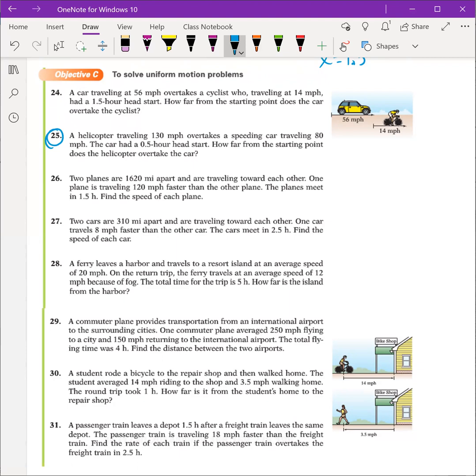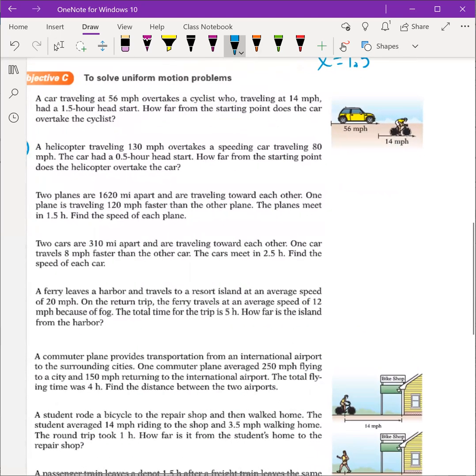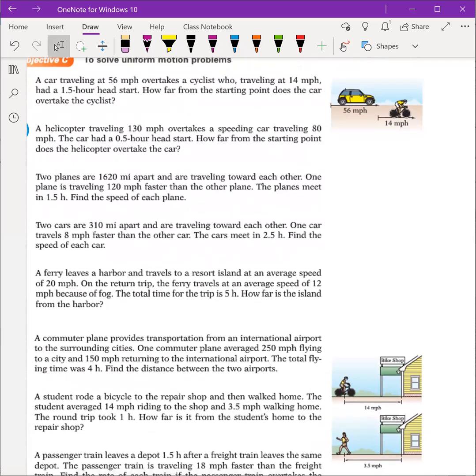All right, so we have rates, times, and they're going to be catching up to each other. So we're going to make a chart. We have helicopter and car. We have rates and times. So it says the helicopter is going 130 miles an hour.